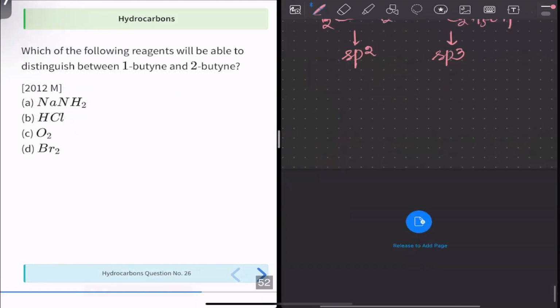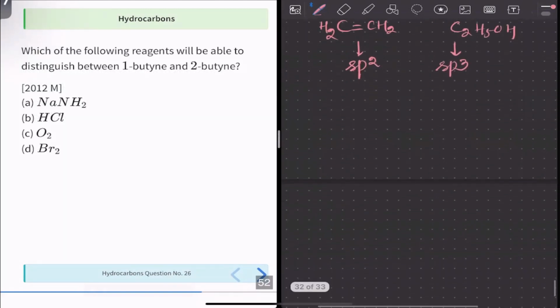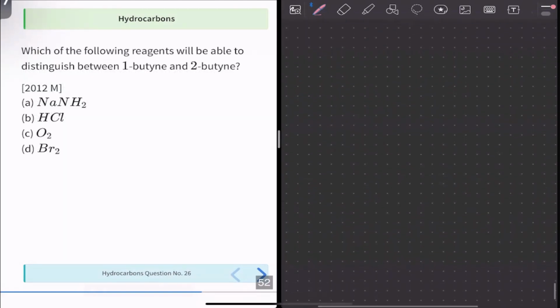Let's move on to question number 26. Which of the following reagents will be able to distinguish between 1-butyne and 2-butyne? Let's draw 1-butyne and 2-butyne.